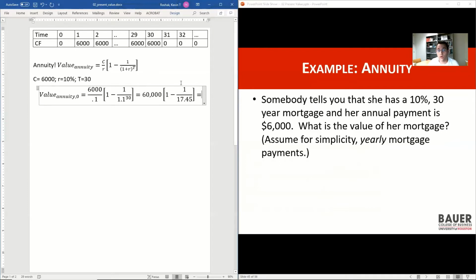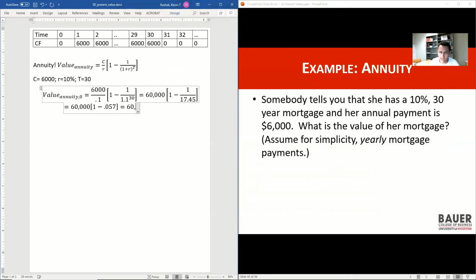Next thing, I'm going to work inside this bracket. I have to do the division inside the bracket before I do the subtraction here. So we have 60,000 times 1 minus 1 divided by 17.45. That works out to about 0.057.